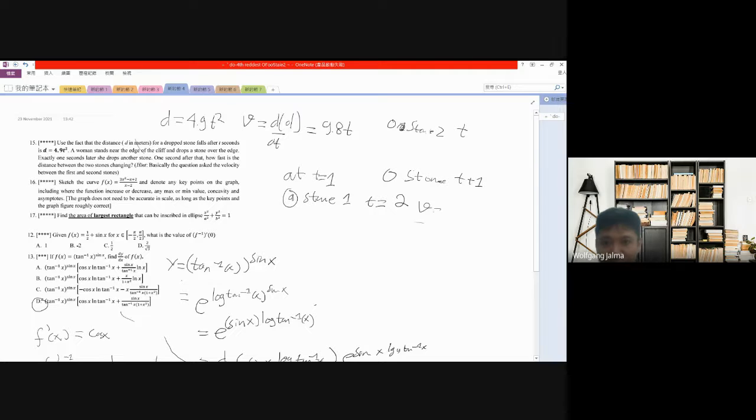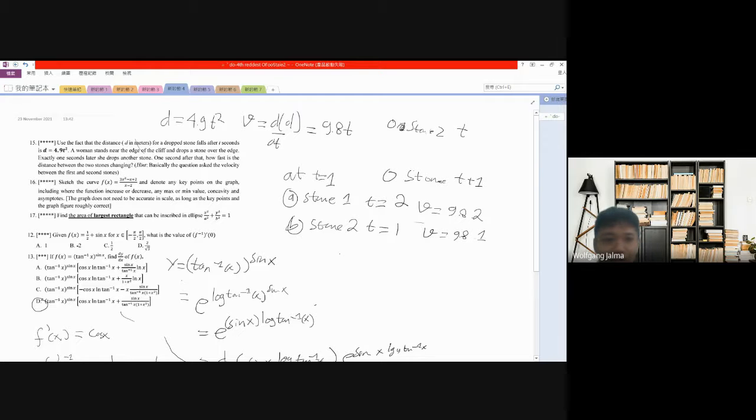t equals 2, so we have v equals 9.8 times 2. Well, for stone 2, t equals 1, so the velocity is 9.8 times 1.